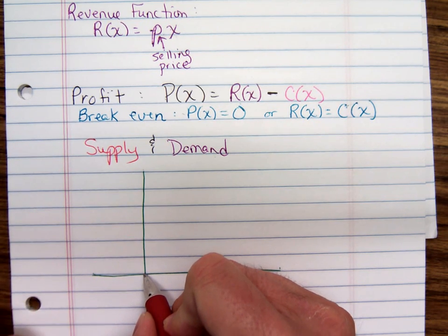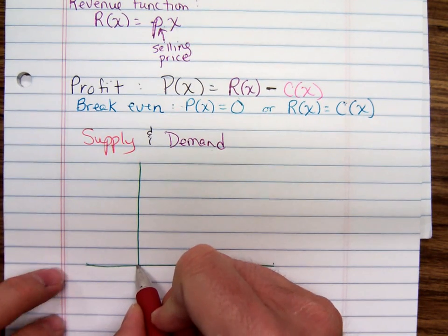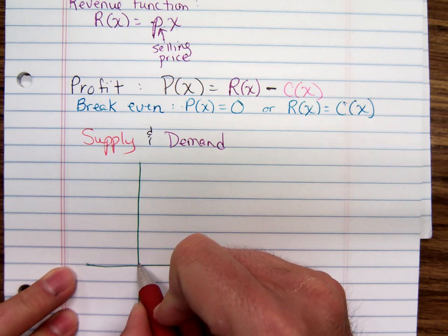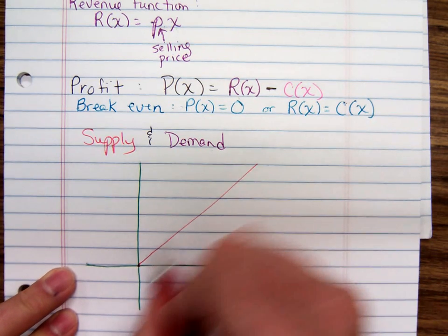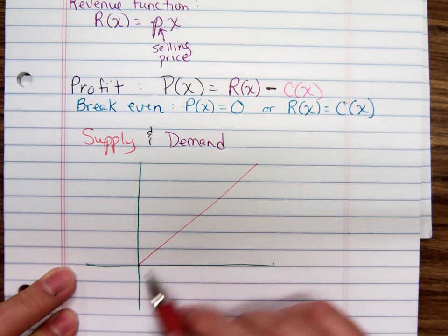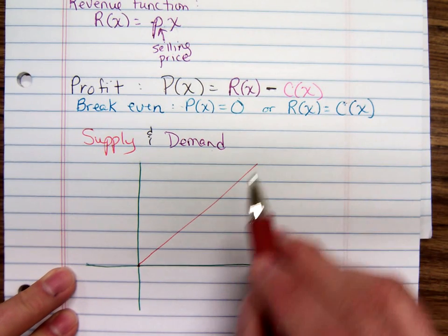In general, a supply curve looks something like this. I'm saying it's a curve, and I've drawn it as a line, but a supply function takes the view of the supplier.